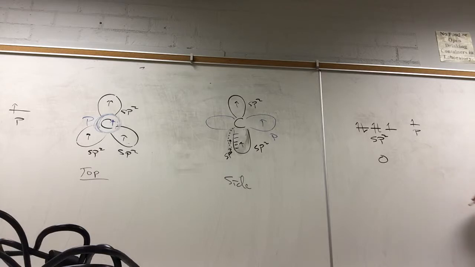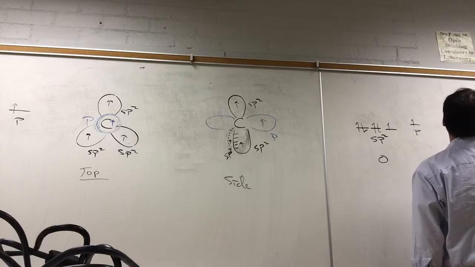So I'm going to draw like this. Okay, here's my oxygen. I got sp2 hybridization, like this. Actually, oxygen is smaller than carbon, so I shouldn't draw it bigger. Why is oxygen smaller than carbon?